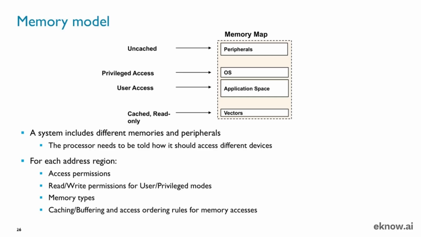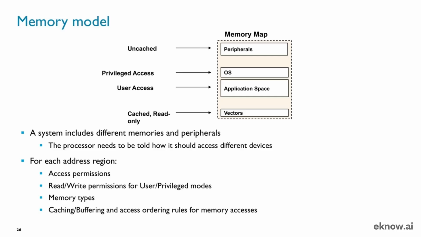Next, we see the OS, or operating system, and the application space. This is all about security and protection. The OS is the core software running the whole system. If a normal application could accidentally or maliciously write over the OS memory, the entire system would crash.